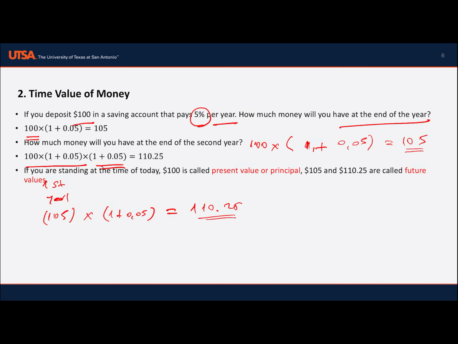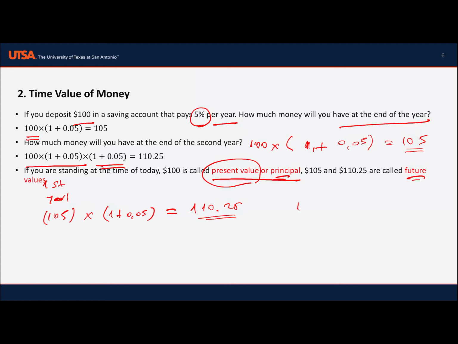If you are standing at time today, $100 is called the present value or the principal, and 105 and 110.25 are called future values.